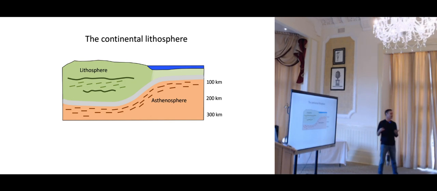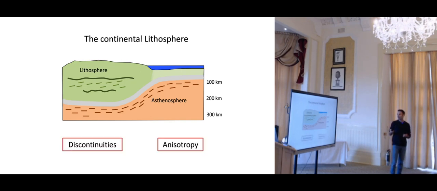If we want to answer big questions, like the formation of continents, we need to look at these structures and understand them. In seismology, to answer these questions, we look at two different things, discontinuities and anisotropy, and they are quite useful.